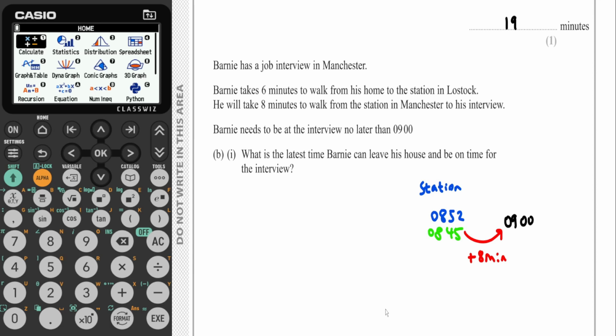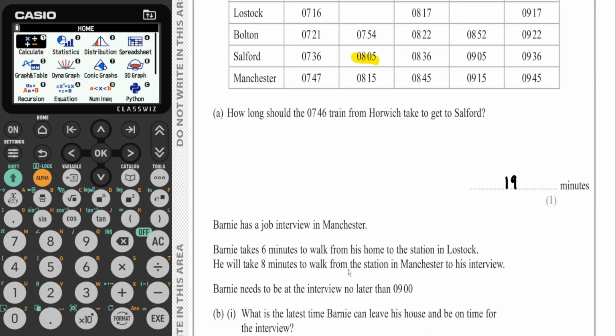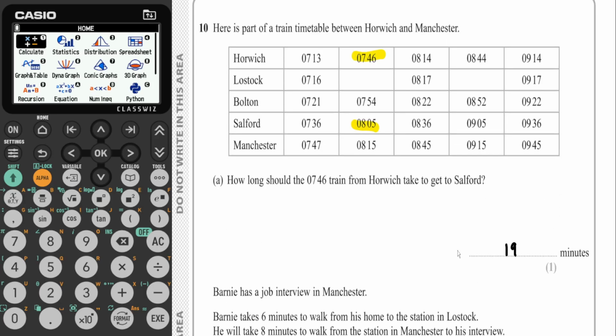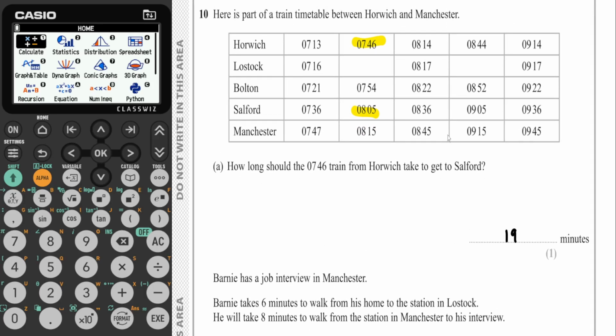And what we also know is he lives in Lostock. So 8:45. Lostock is where his home is. And the train leaves from Lostock to Manchester at 8:17.